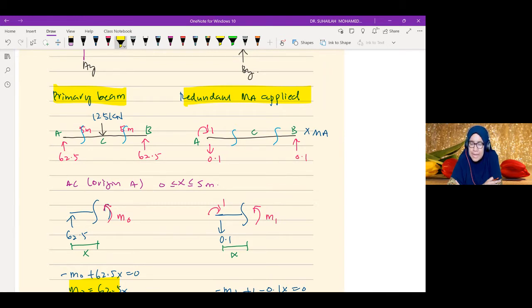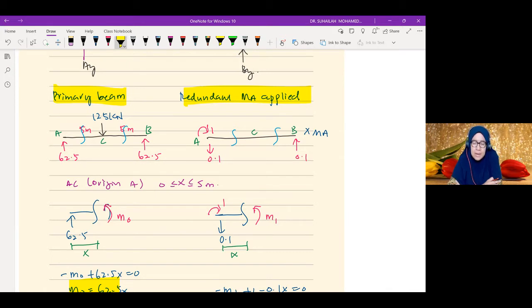In the redundant system, with redundant MA applied, we have to apply a unit moment at A. Due to that, we have to calculate AY and BY. So we get negative 0.1 as AY and positive 0.1 as BY.